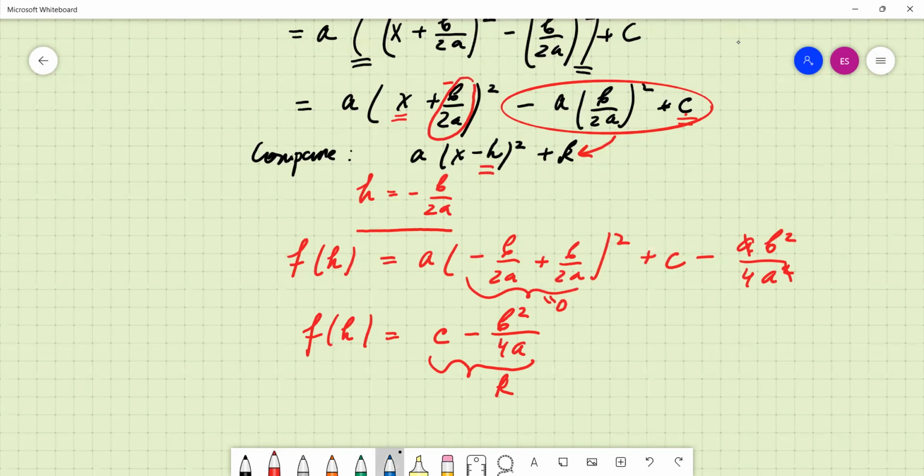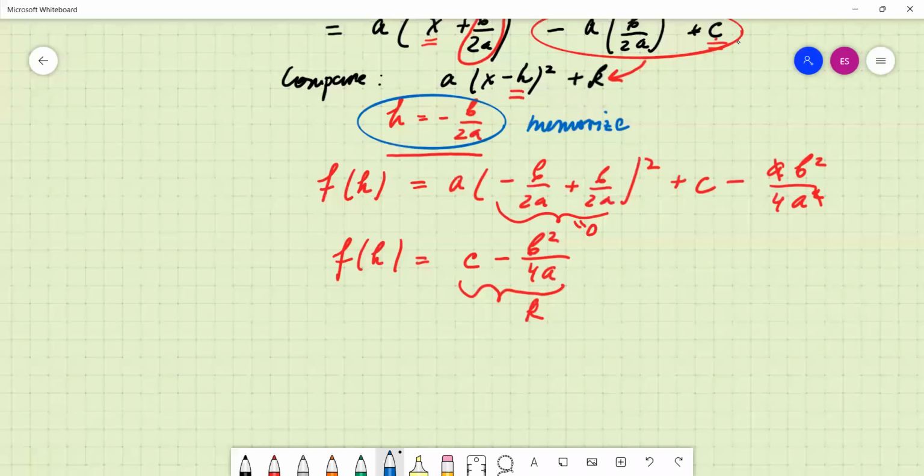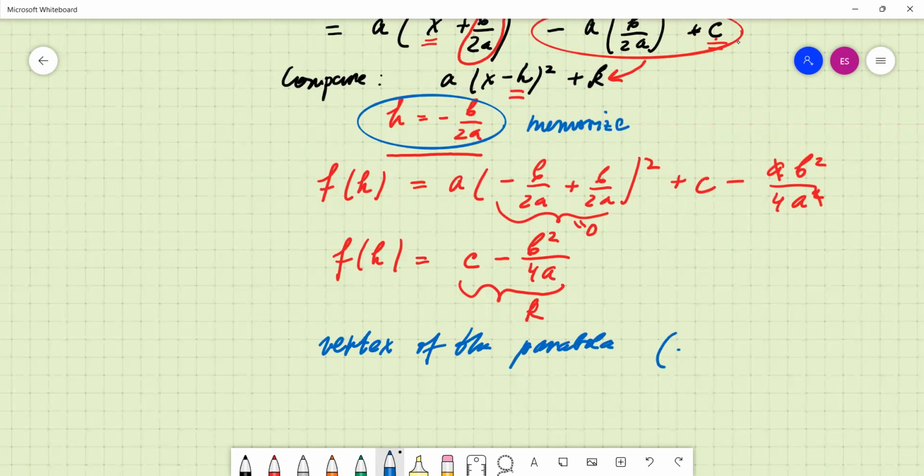You need to memorize only this formula: the vertex of the parabola has coordinates minus b over 2a and f of minus b over 2a. A shortcut is not to memorize the formula, but just to plug the numbers into your parabola.